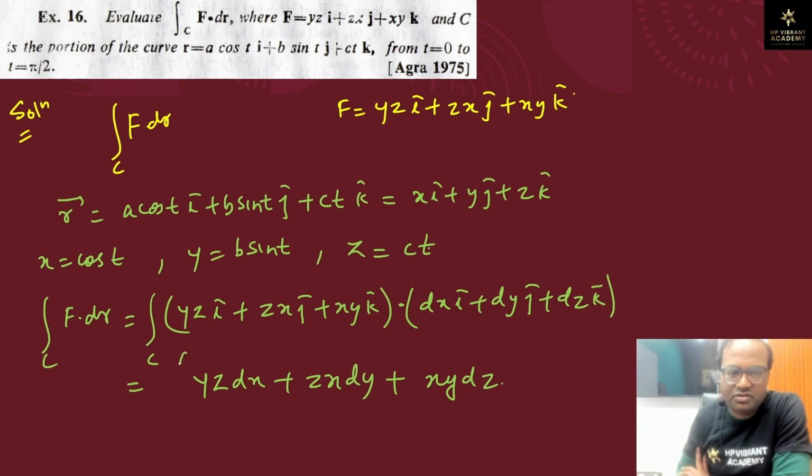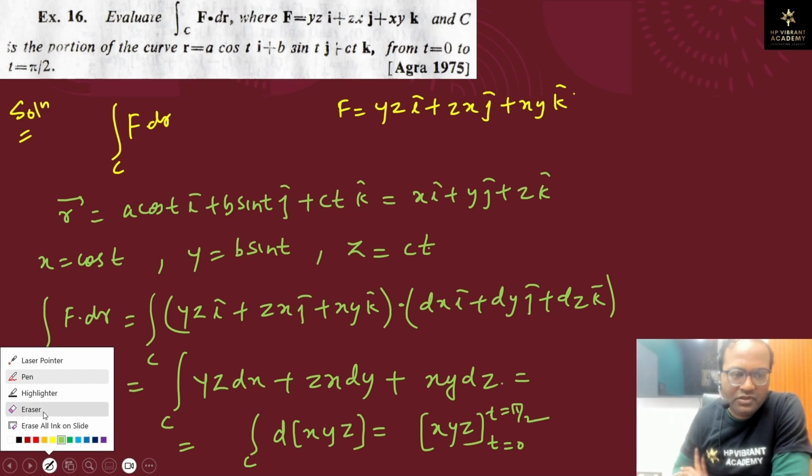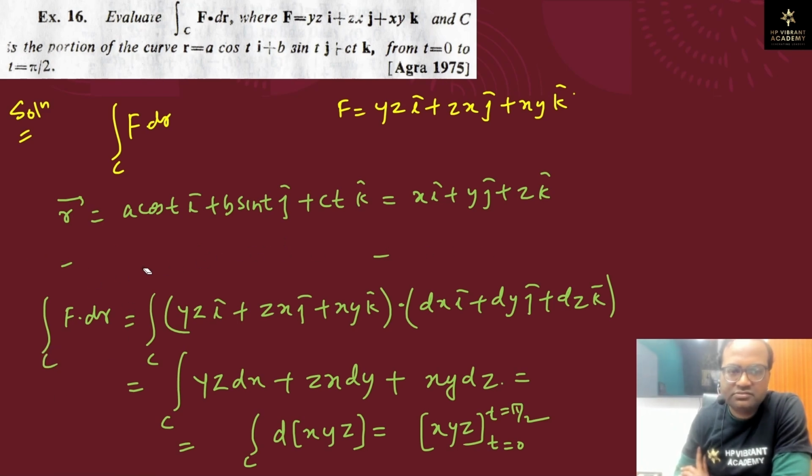So this we can write as the total differential of xyz along the curve C, and this is equal to xyz, and the limit is t is equal to 0 to t is equal to pi by 2. Okay, let us further simplify this.